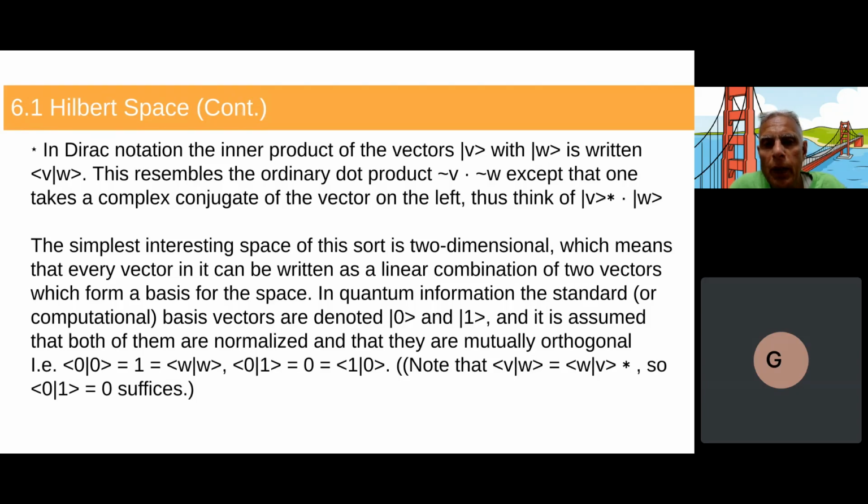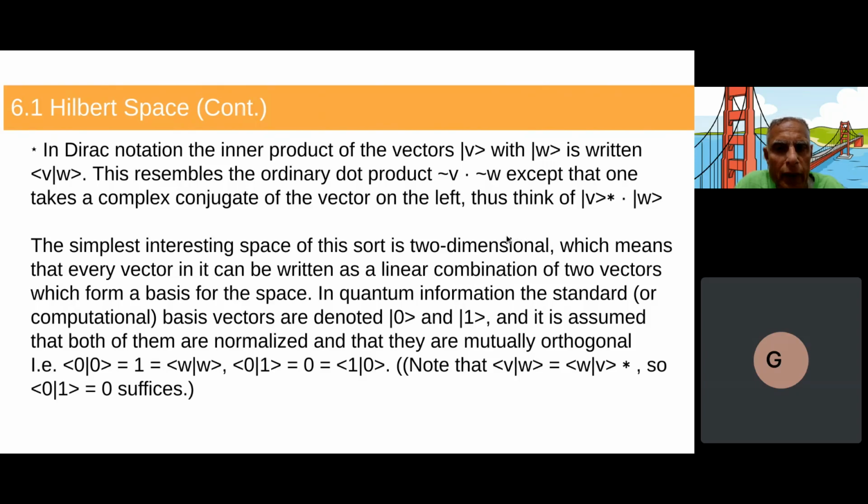When we multiply vector ket v with vector w, to be able to get the dot product, we have to take a complex conjugate of v, and therefore we represent that as bra v. So bra v ket w is the dot product of the two vectors v and w.